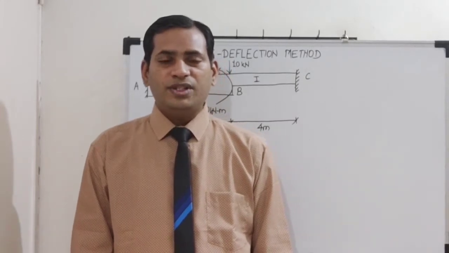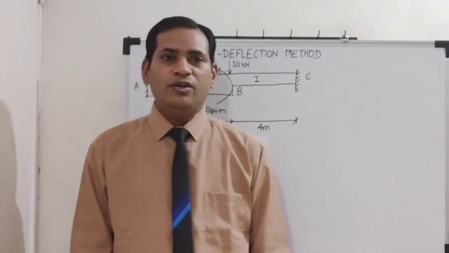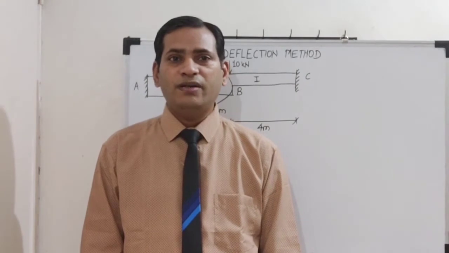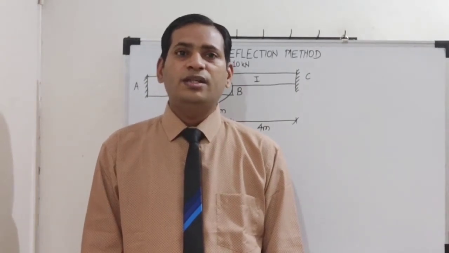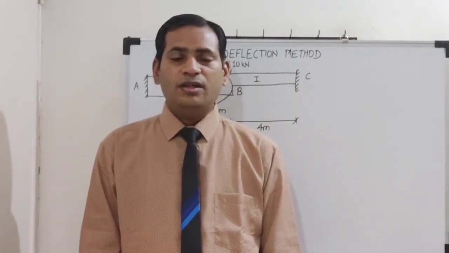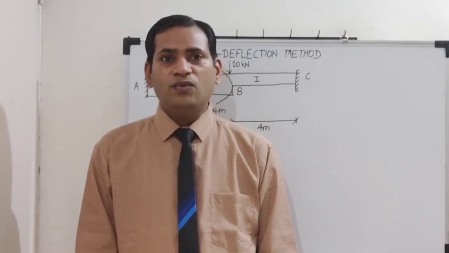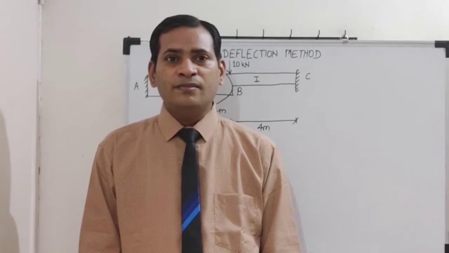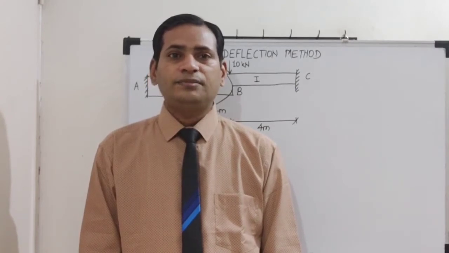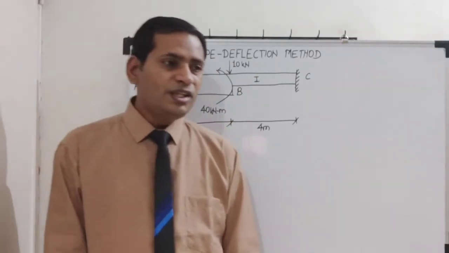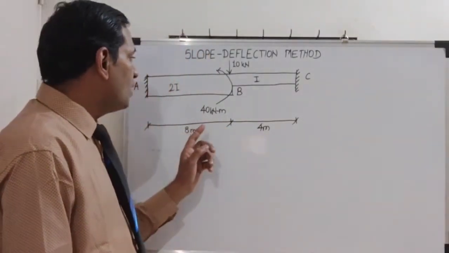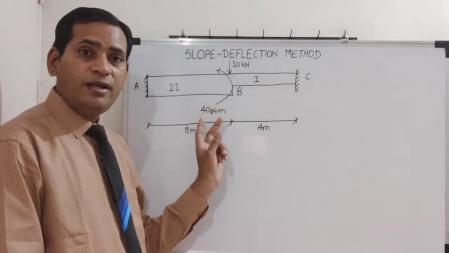So we have seen different types of continuous beams wherein we have two or three spans together and different combinations of loadings. Today we have only a single span beam, and this single span is a unique span. If you see in the diagram here, there are two parts of the span.